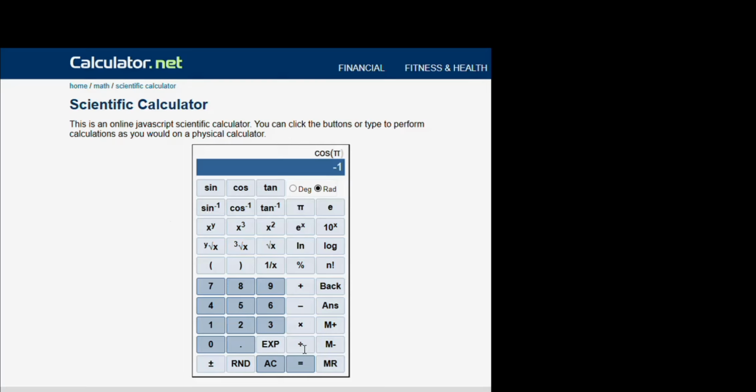From quadrant 1, cos pi over 4 returns what we would expect, the positive decimal value of square root 2 over 2. Then its reflected value, in Q4, cos 7 pi over 4 returns the same value as expected.